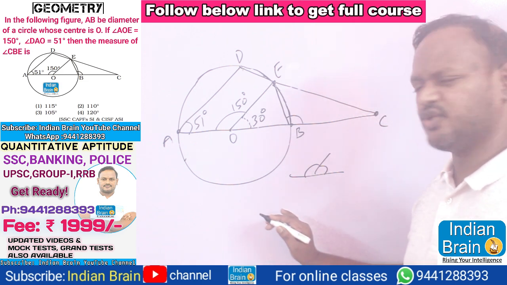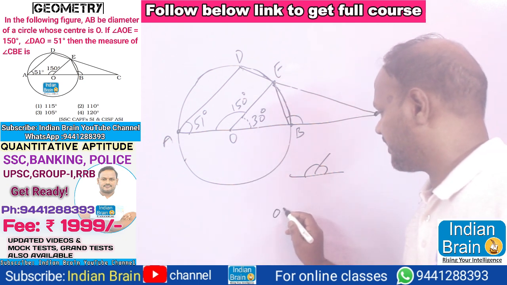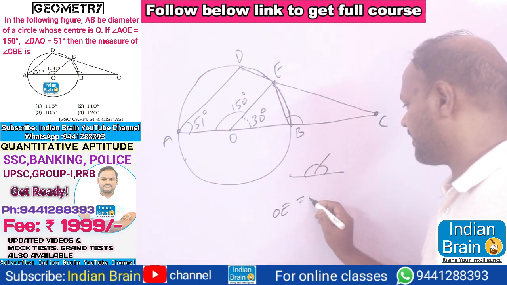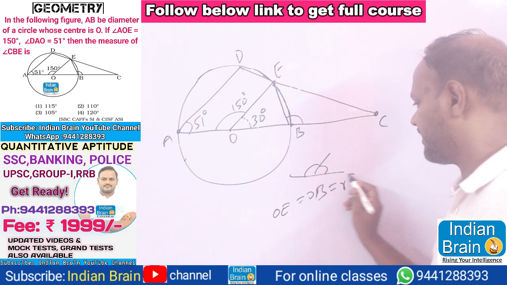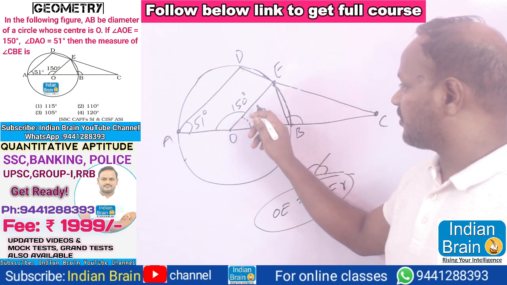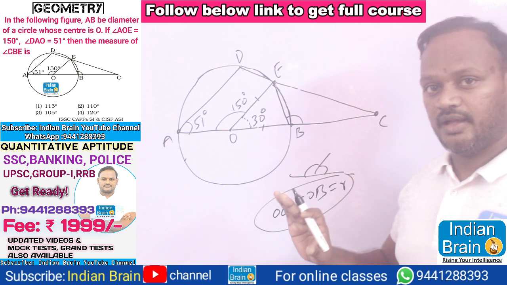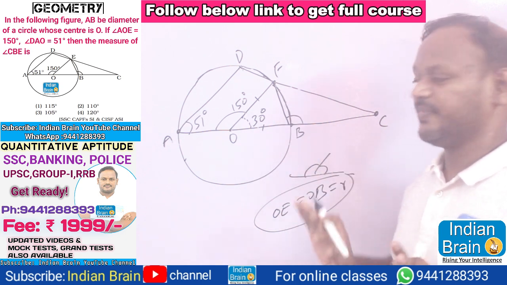You need not write, but according to your comfort, I'll write: OE is equal to OB. This is the radius. That's why, whenever two sides are equal in a triangle, here triangle OEB, I'm discussing the OEB triangle.